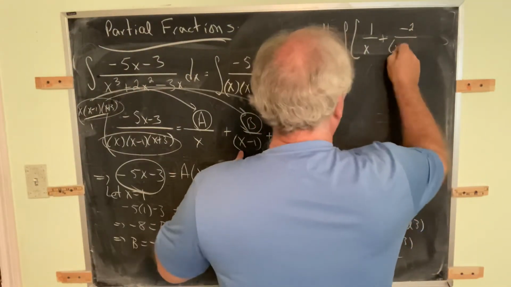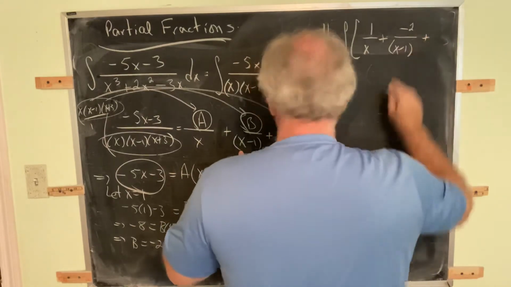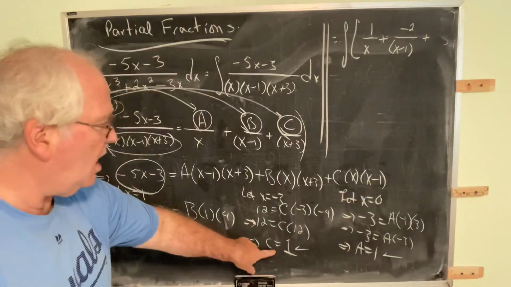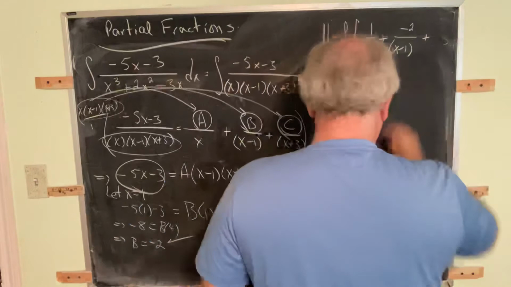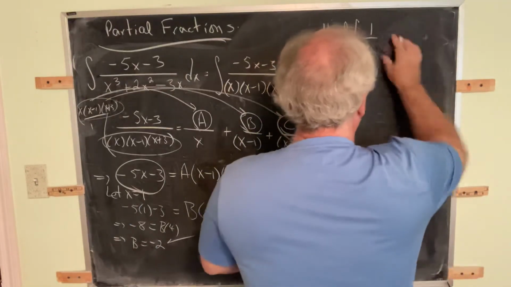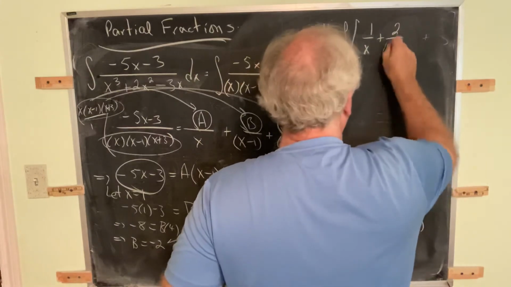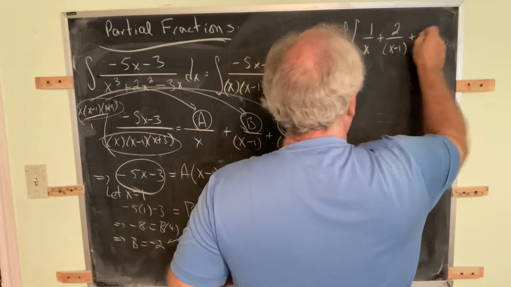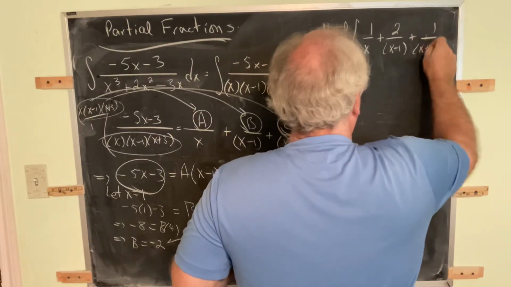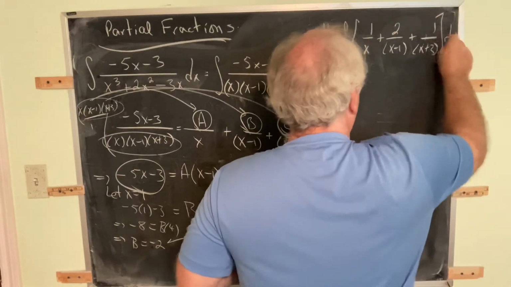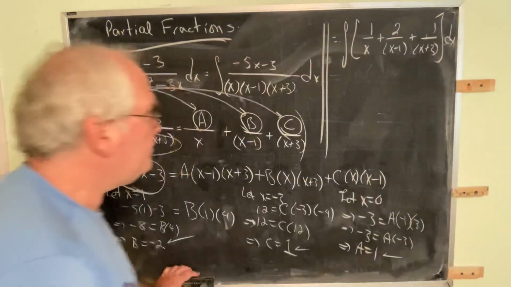That was over x minus 1. And what was c? C was 1. I'll see if I can squeeze this in over here. There, I think I'm all there.